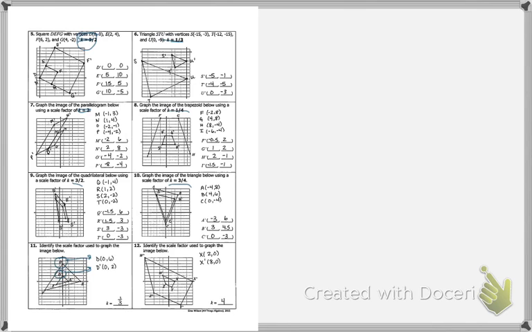The way it works is the original always goes on the bottom and the new one goes on top. Because I have 0 here, 0 over 0 is not going to work out for me. But I do have 2 over 6, 1/3.